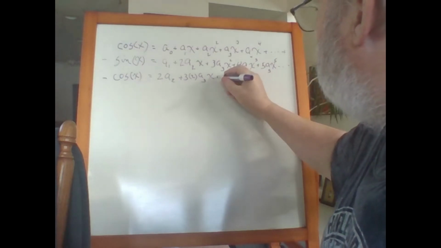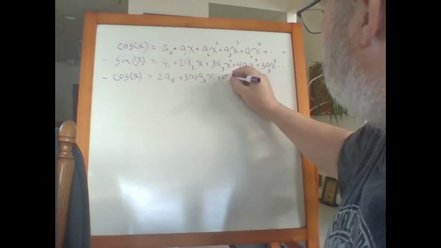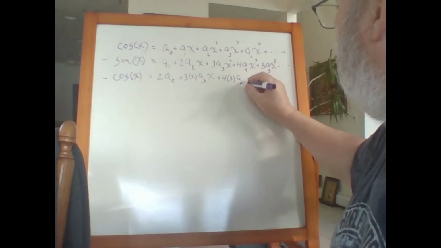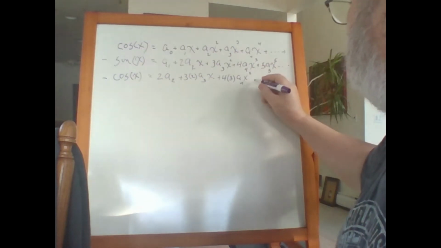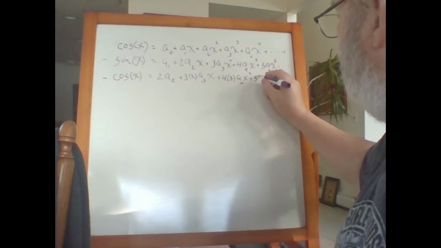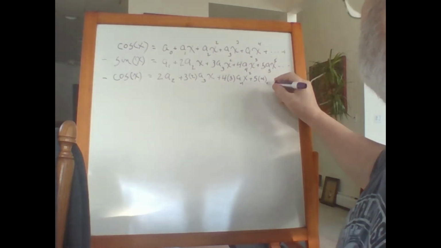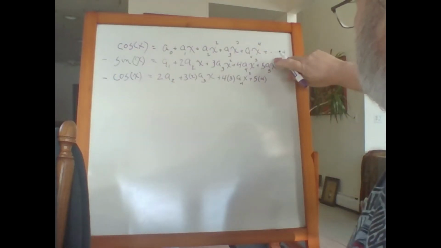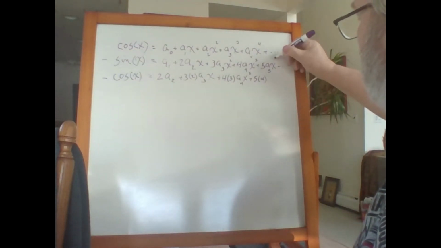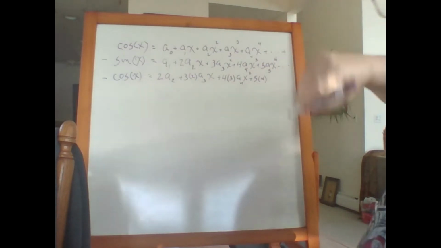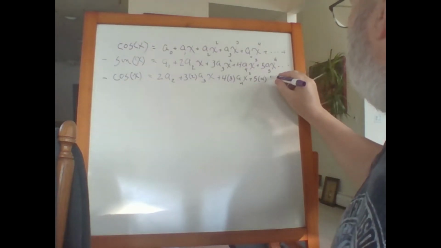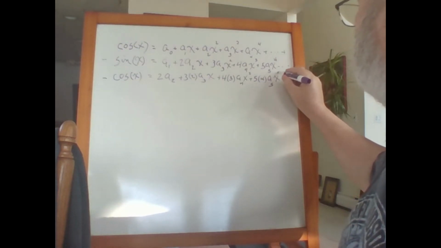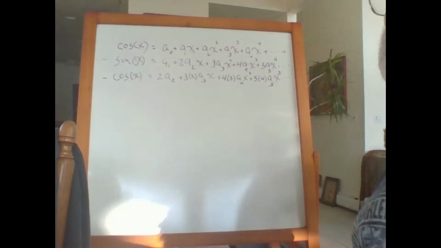Then we have plus 4 times 3 a4 x squared plus 5 times 4 a5 x to the third, dot, dot, dot.